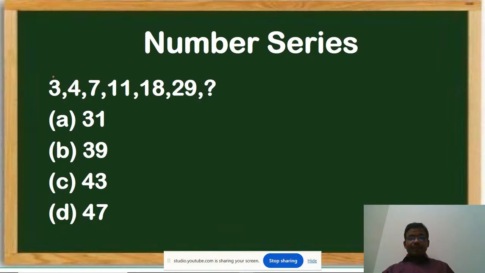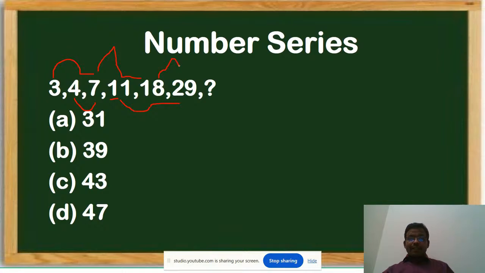Here 3 plus 4 is 7, 4 plus 7 is 11, 7 plus 11 is 18, 11 plus 18 is 29.